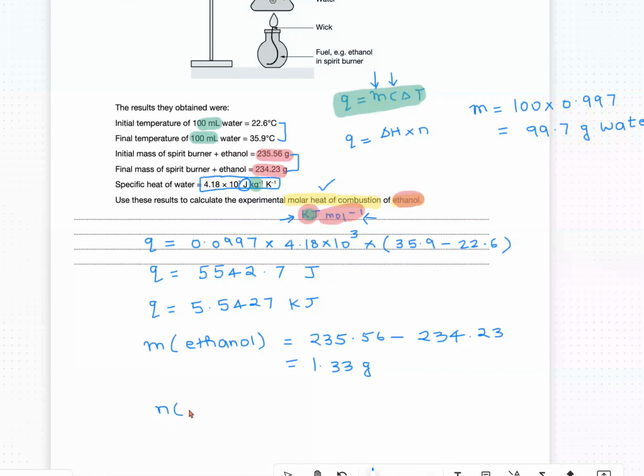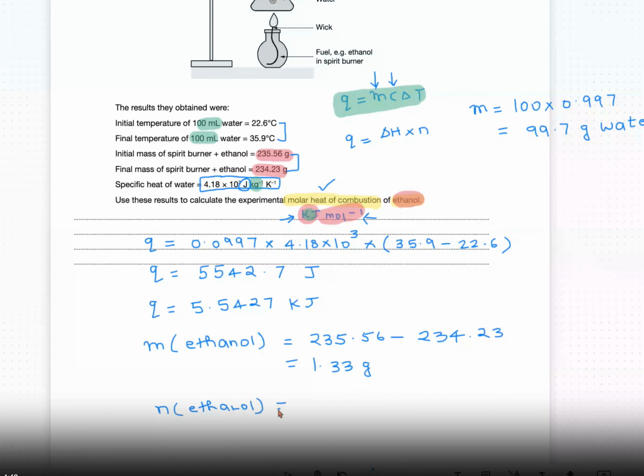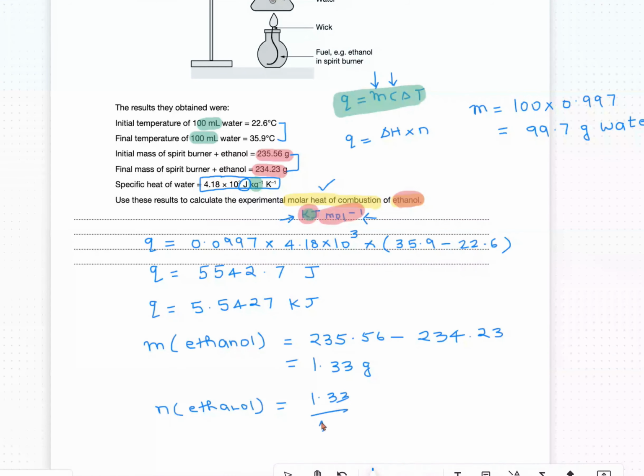Then I find the moles of ethanol by dividing by the molar mass. The molar mass of ethanol is 46. So 1.33 divided by 46. That gives me 0.0289 mole. Then I divide kilojoules by moles to find kilojoules per mole.